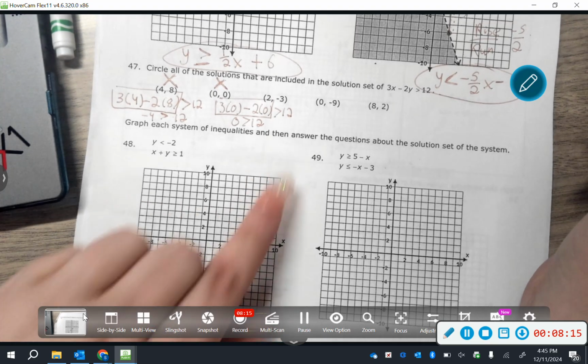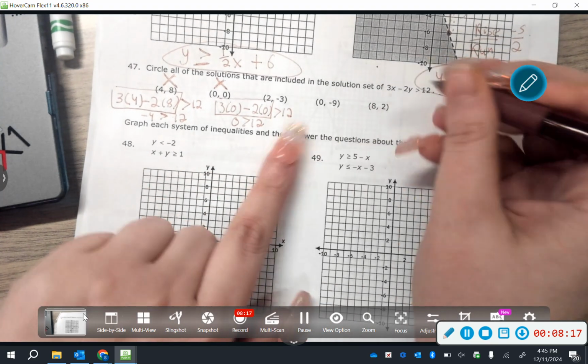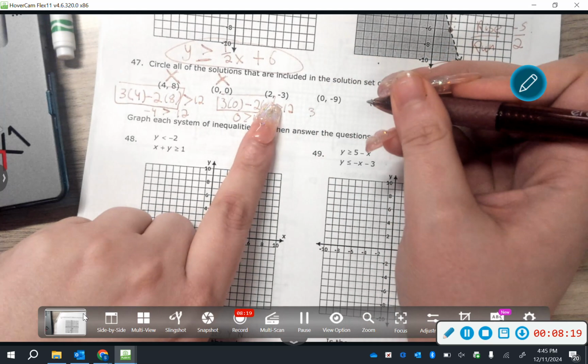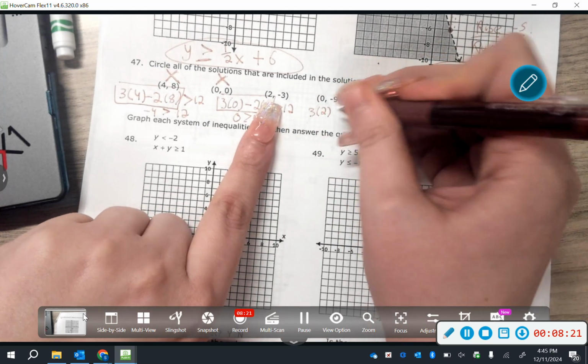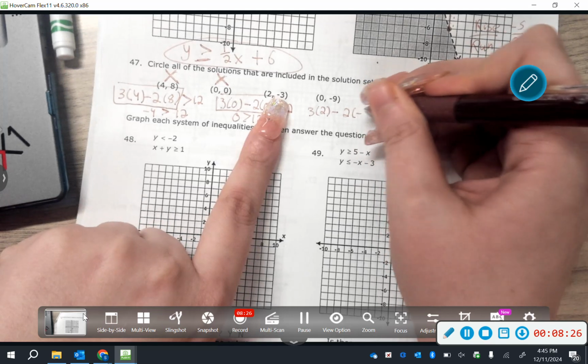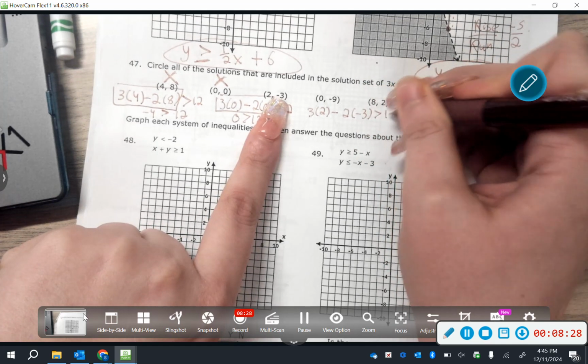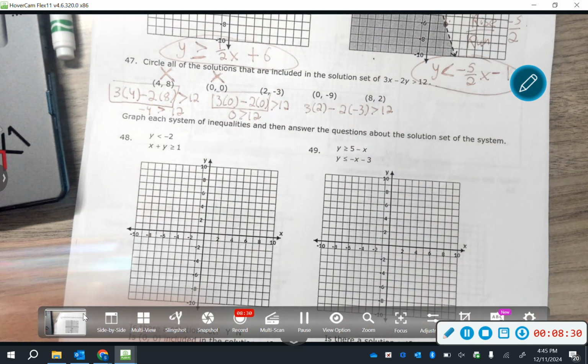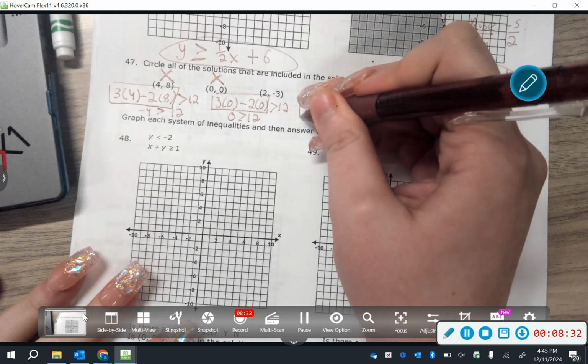And then we just rinse and repeat. So once again, here's our equation. So I'm going to put down 3. Instead of x, I'm going to put 2 minus 2. Instead of y, we're going to put -3 is greater than 12. I'm going to plug this part in my calculator, see what I get.